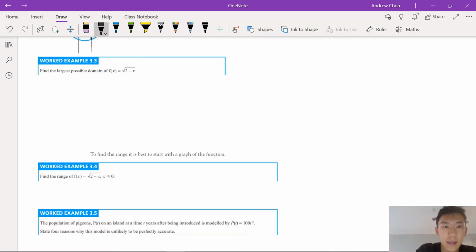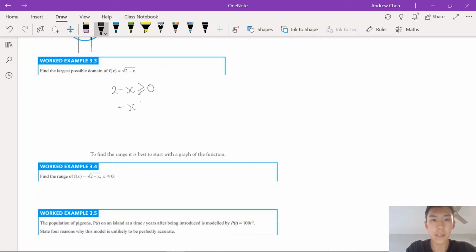So I know I can't square root a negative number, so that means whatever 2 minus x is has to be greater than or equal to 0, because we can square root 0. Then we just solve this inequality.